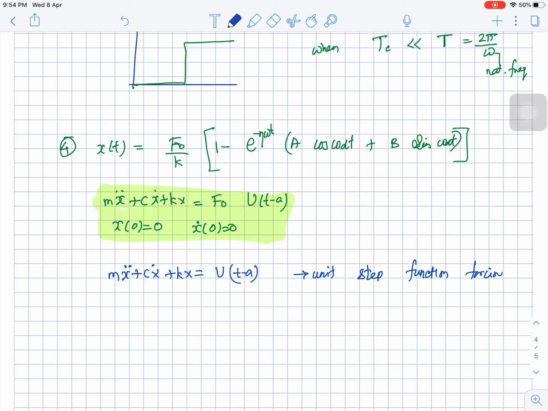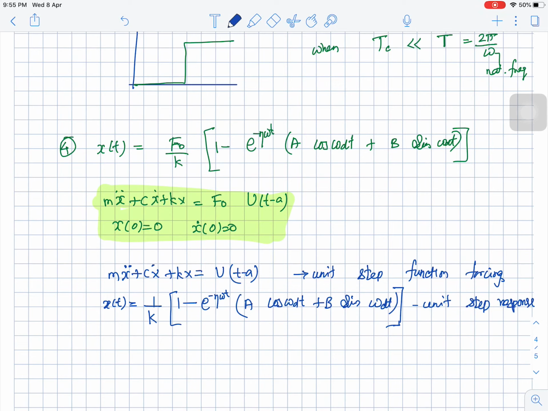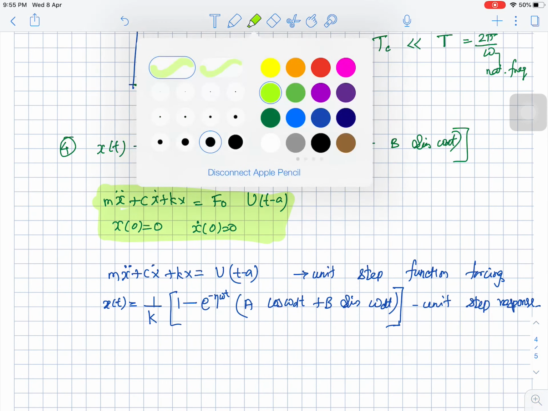forcing. So corresponding x of t is 1 by k times 1 minus e power minus eta omega t, and this is called unit step response. So this one we need to memorize.